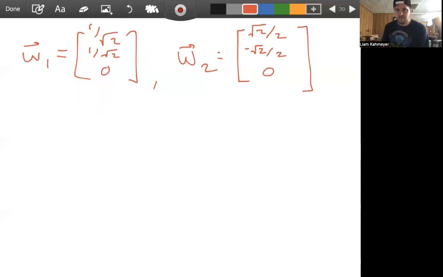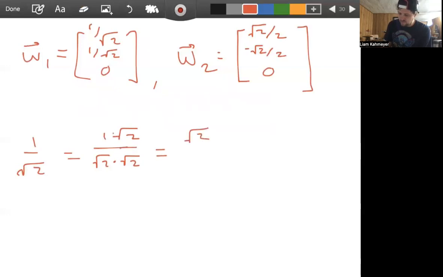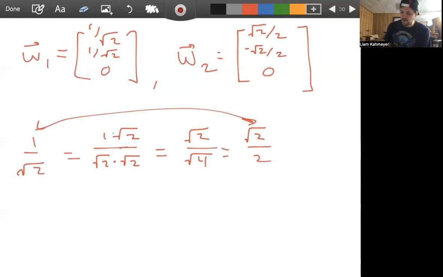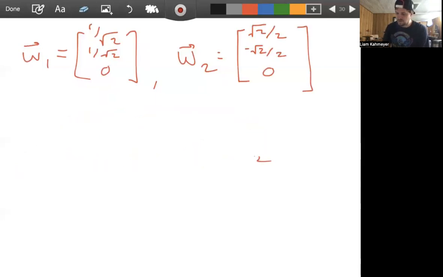But if you'll notice, 1 over root 2 is equal to 1 times root 2 over root 2 times root 2, which is root 2 over root 4, which is root 2 over 2. So these are actually the same, which means we could rewrite W2 as (1 over root 2, -1 over root 2, 0).